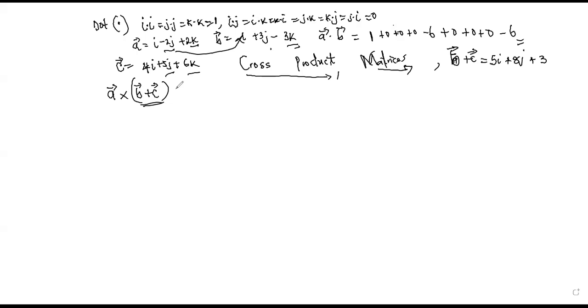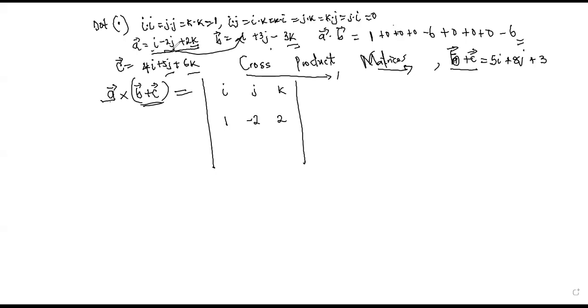So to get the determinant of this, because now we're doing A cross the vector B plus C, we are going to have I, J, and K in the first row. Then we're going to put the first vector, which is 1, minus 2, and 2.